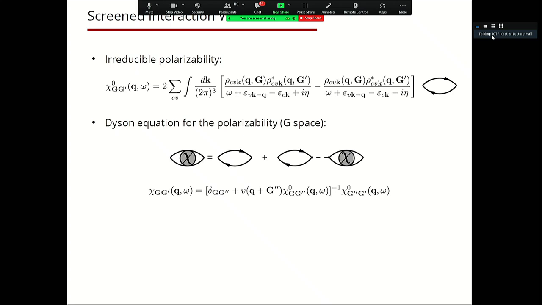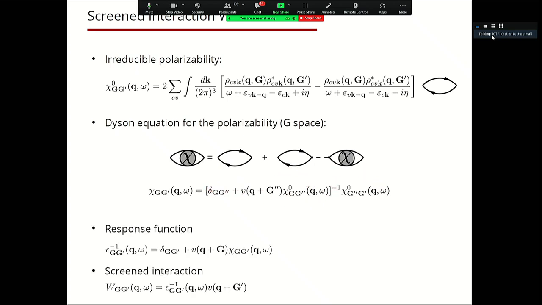In order to solve this equation, I will put here just directly the solution. We have to perform a matrix inversion and a matrix multiplication. Once we have the reducible polarizability, we can compute the inverse dielectric matrix and the screened interaction in Fourier space, just with matrix multiplications.